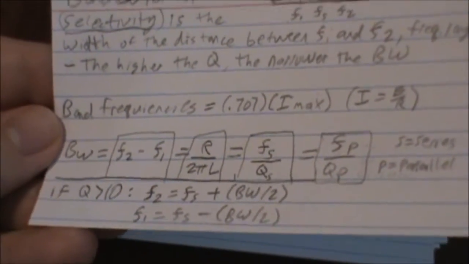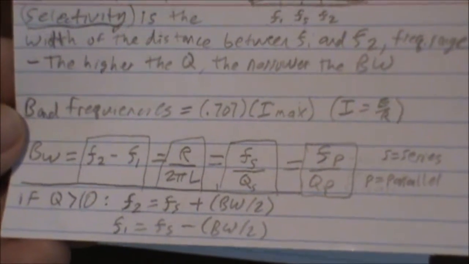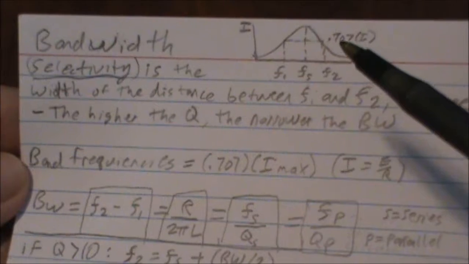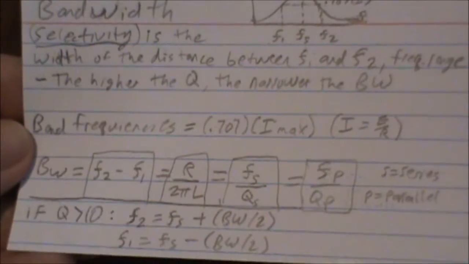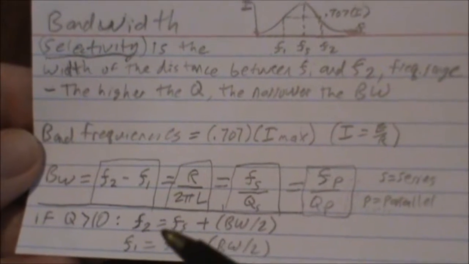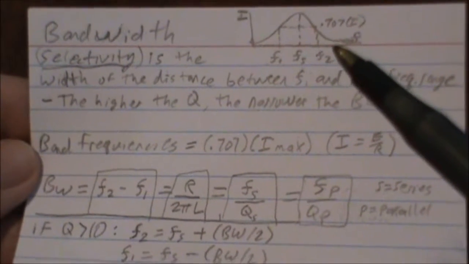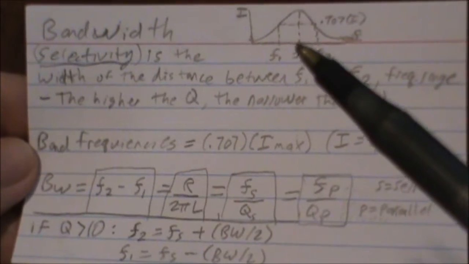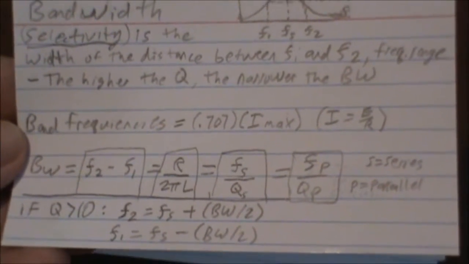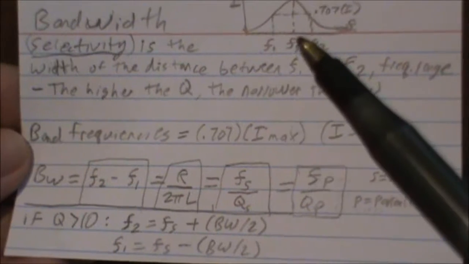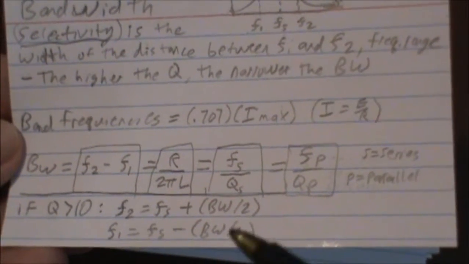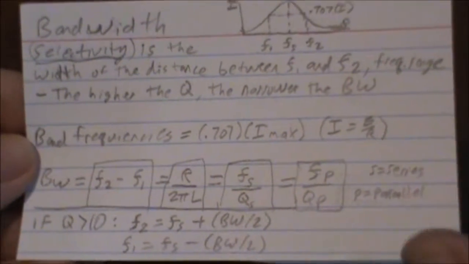If the Q factor is greater than 10, then it's pretty much going to be split in half one way or the other. So your frequency 2 is going to be equal to the center frequency plus half of your bandwidth, bandwidth over 2. And your F sub 1 is going to be the center frequency minus, going to the left is minus, bandwidth over 2.